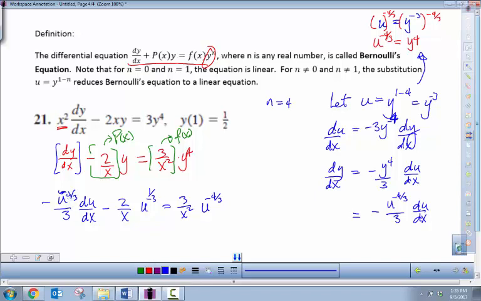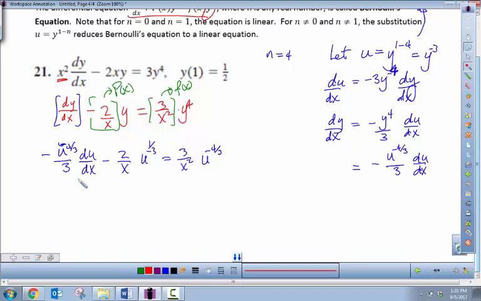So here's what I'm going to do, and this is where the magic all happens. I'm going to divide the whole thing by u to the negative 4/3, so that it would cancel with a couple of things, and then this thing is going to be u to the negative 1/3 divided by u to the negative 4/3.